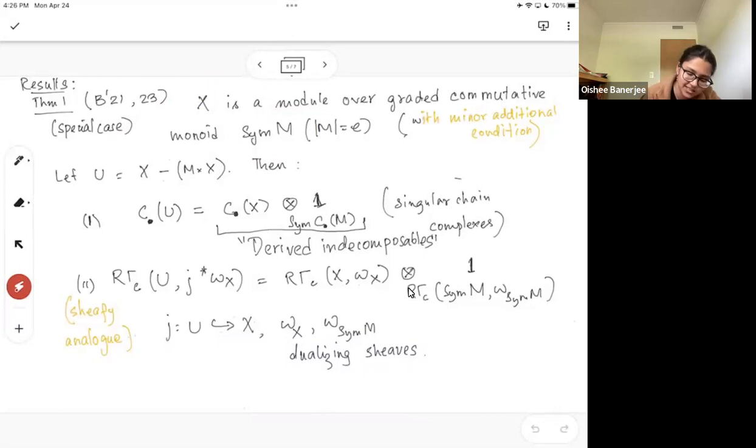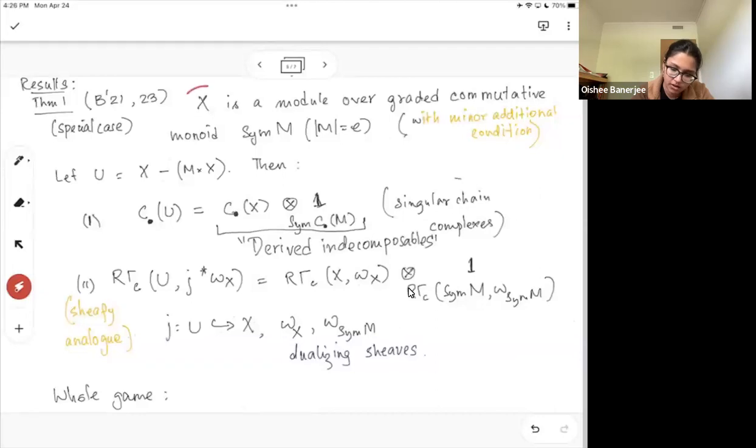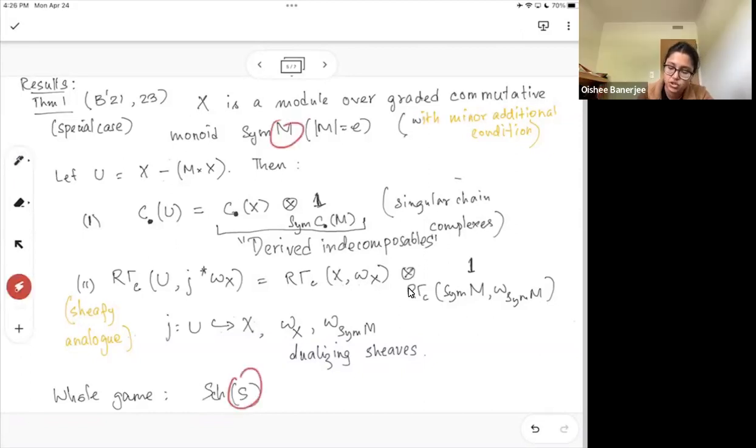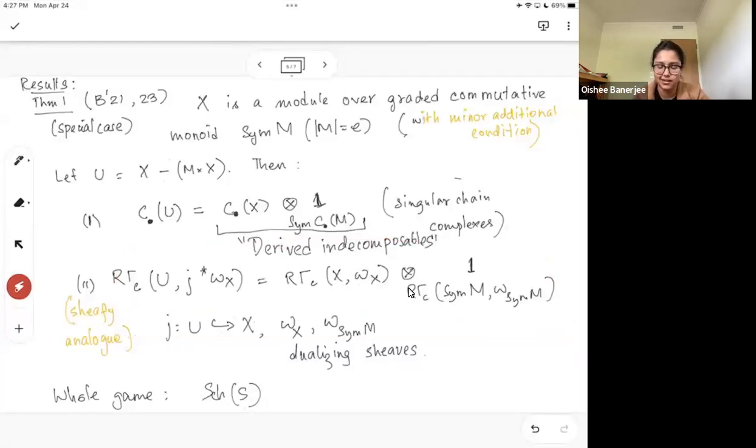So the other generalization is that the whole game can be played not just in terms of having a module over a monoid in the category of topological spaces or schemes, but more generally, things like schemes over a space S. So M is a space over S, M to S is a map, and X is a module over sim M, but in the slice category of spaces over S. In that case, there is still a derived tensor product giving you the integral cohomology, but this looks slightly different, and so does the Sheaf version of that.